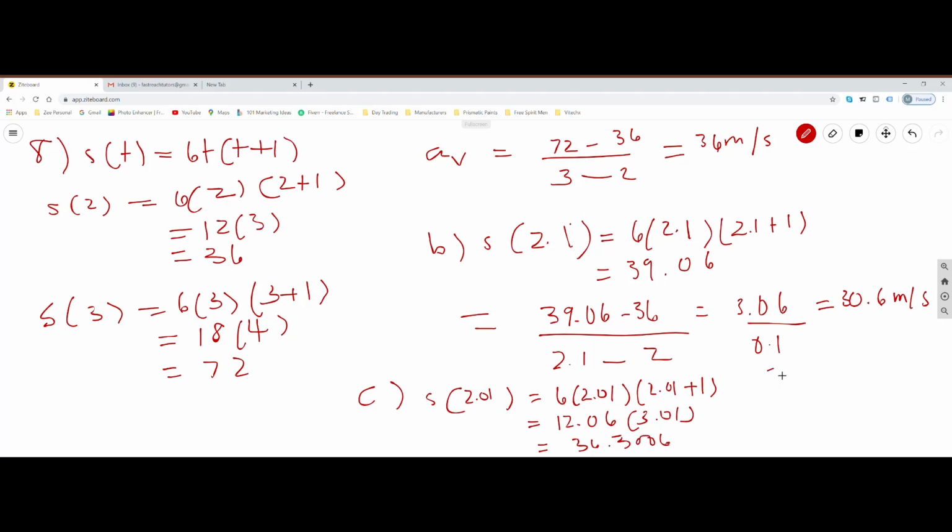So you would do 36.3006 minus 36 over 2.01 minus 2 equals 0.3006 divided by 0.01 equals 30.06 meters per second.